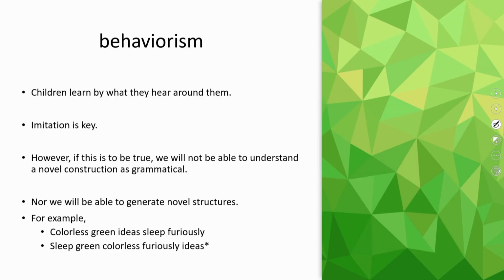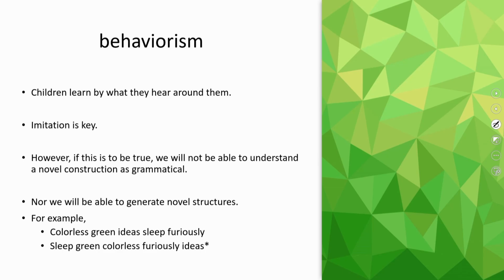Take the famous example by Chomsky: colorless green ideas sleep furiously, versus sleep green colorless furious ideas. As you all know, he gave this example to say that if you ask a small child whether the sentences are grammatical or not, even though the sentence means nothing and is completely novel because such things do not exist, the child will be able to judge the sentences correctly.